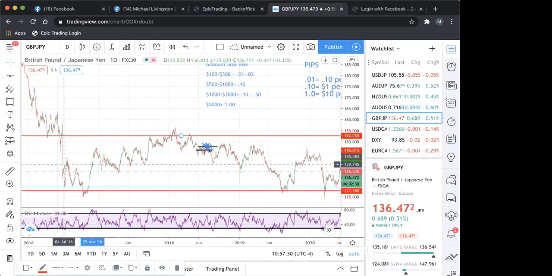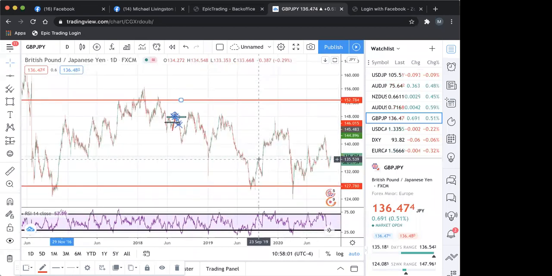But once it broke below and came back up and retested, it held as a ceiling, which is your resistance. Think of resistance as resisting you going up. That's your ceiling. Your floor is your support you stand on. So it came back up, hit that, and stayed below, and it can't break above that.